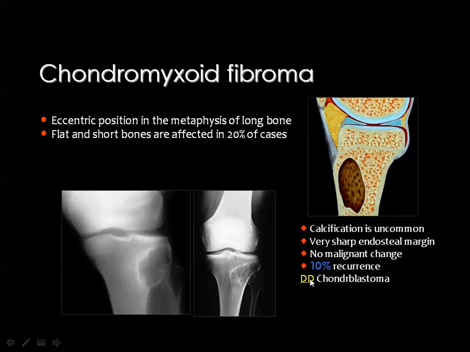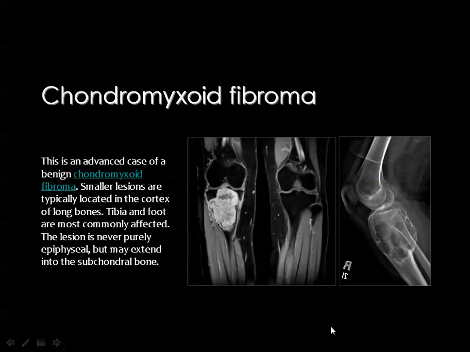But if you excise this lesion, it may recur if it was not excised totally, for example. Then this lesion is usually seen after epiphyseal closure. If it is seen before epiphyseal closure, and you may feel that the lesion is in the epiphysis, you may think of chondroblastoma, which is not the case. Then in this case, you see the tumor which is reaching the articular surface, and the lesion is expanding.